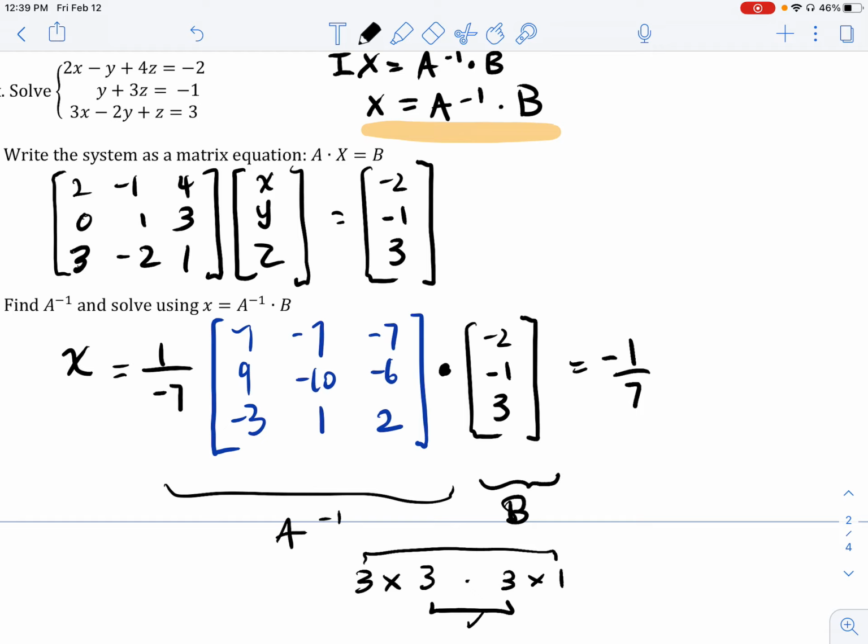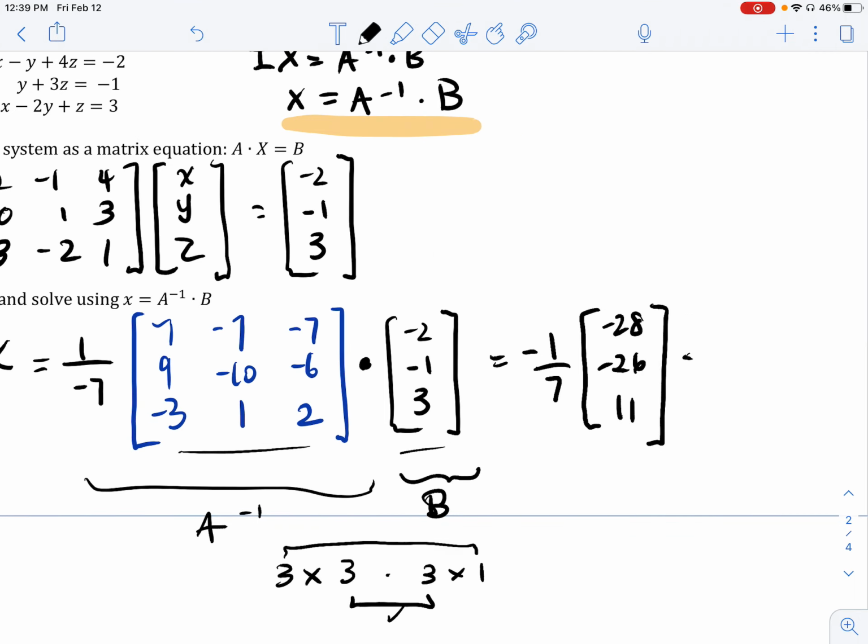For the sake of time, if you multiply these two matrices, you should get -28, -26, +11. And then finally, when you distribute everything by that -1/7, you should get this as your solution: 4, 26/7, -11/7.